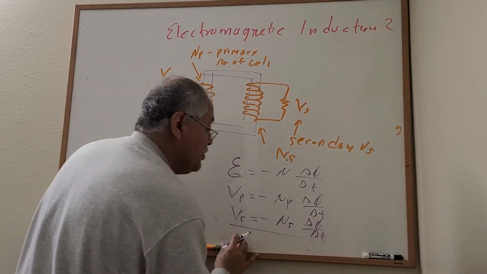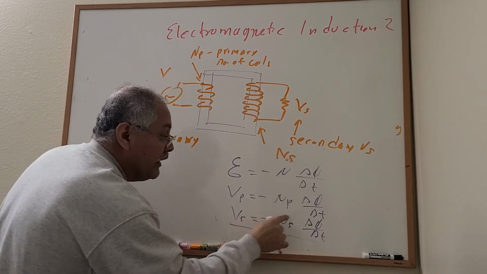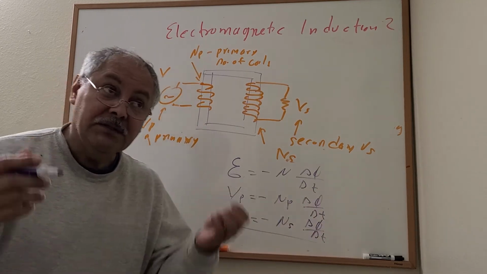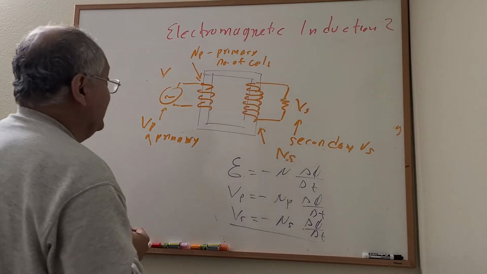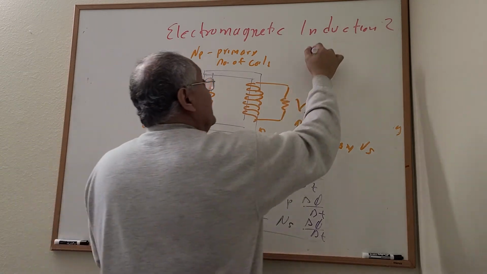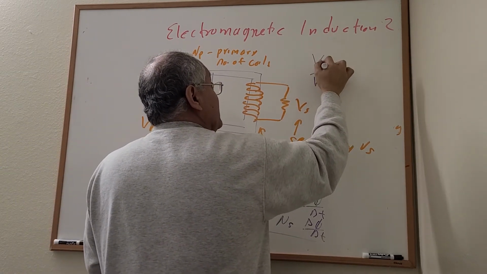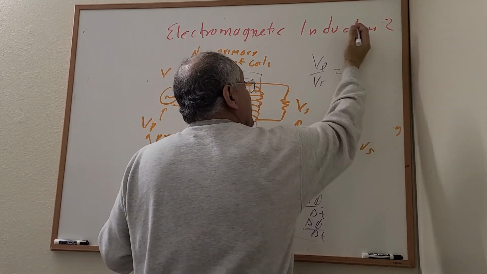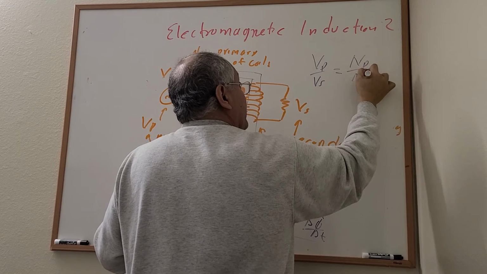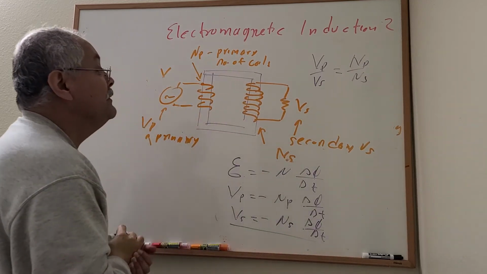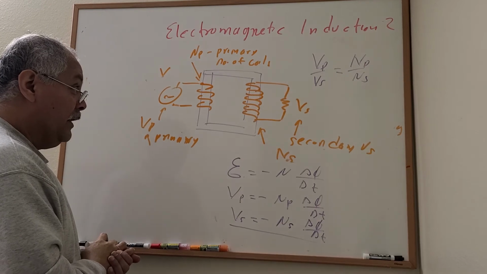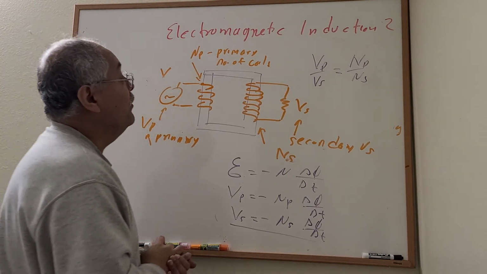When we divide these two, the negative sign cancels, and also the flux terms cancel because they're supposed to be the same because of conservation of energy. So we have that Vp over Vs is equal to NP over NS. Here we solve for any quantity we're looking for.